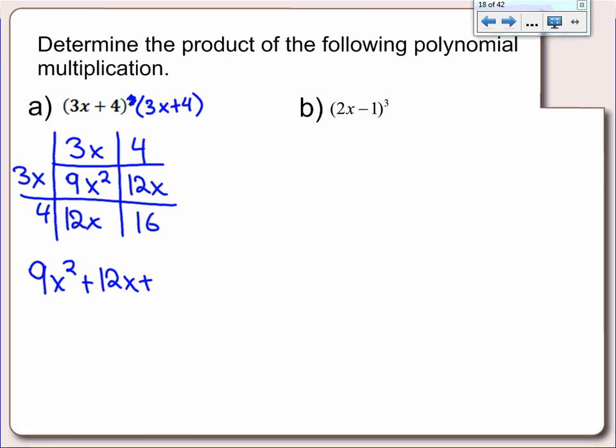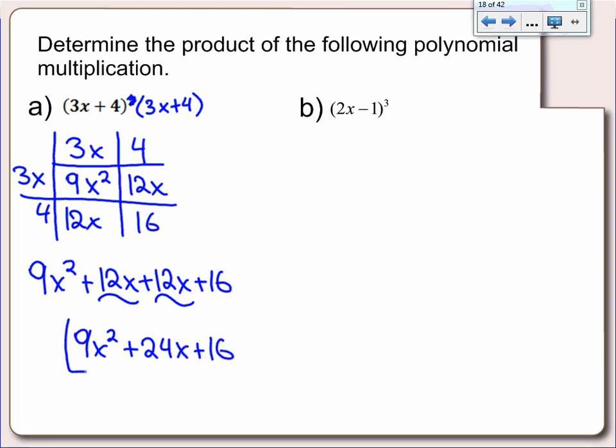Just be very careful and make sure you use all of the terms. Our last step is to combine these two things. So it's 9x squared plus 24x plus 16. You see how quick these things can go as you practice more and more, which is why we're going to spend our next class practicing.